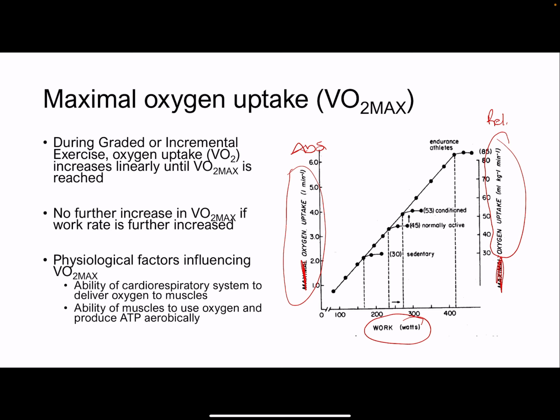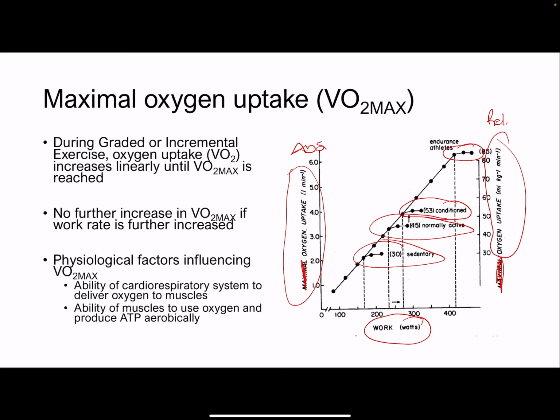As you can see, as intensity increases, so does VO2. Eventually we get to a point where we reach this plateau. We've got it here and here and here and here. Now, what can cause us to reach our VO2 max but allow us to continue increasing our exercise intensity? The answer is that during these last two dots on each of these conditions, we're relying on glycolytic or anaerobic pathways.